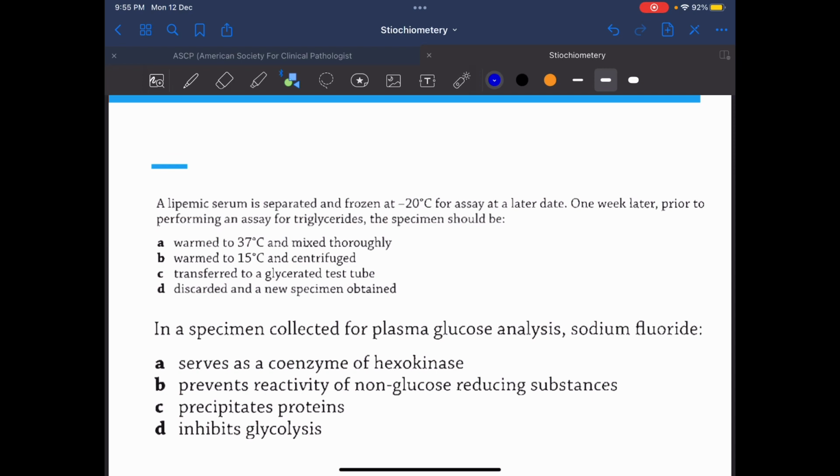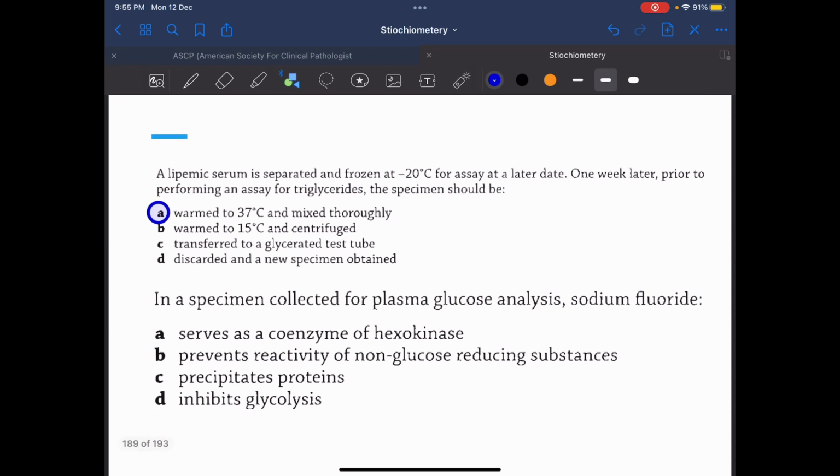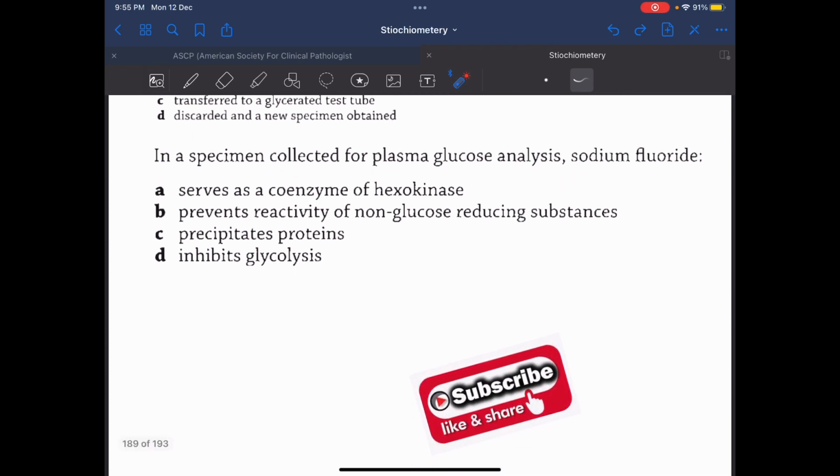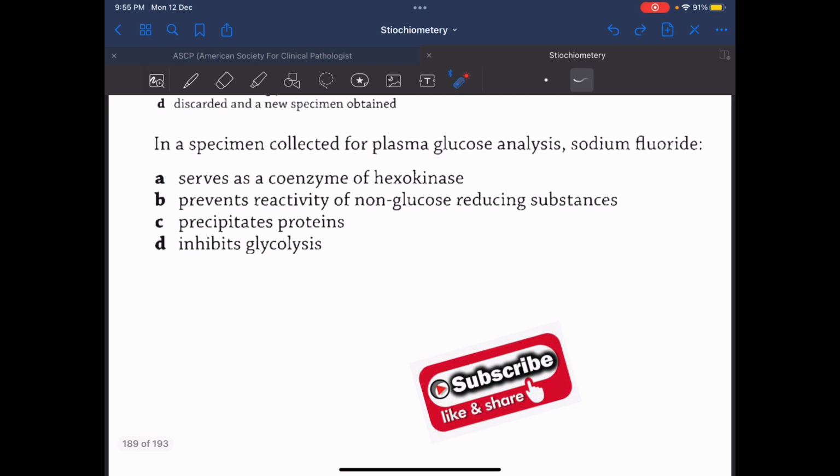The correct answer is A. In a specimen collected for a plasma glucose analysis, sodium fluoride serves as a coenzyme of hexokinase, prevents reactivity of non-glucose reducing substances, precipitates protein, or inhibits glycolysis.